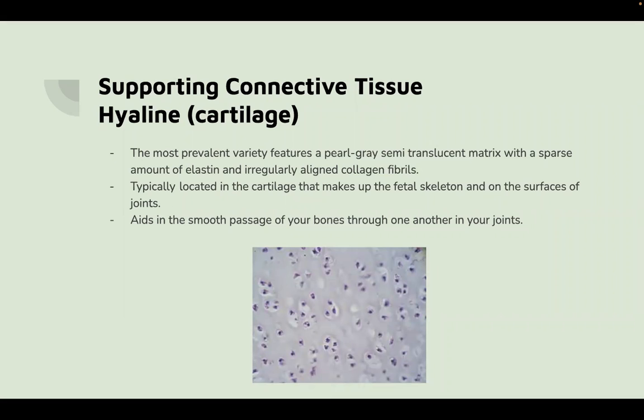And it has a poor blood supply, causing injuries to heal slowly and sometimes not at all. Hyaline cartilage is the most common type of cartilage, and it caps the bones of spine joints and is found in the nose and in the respiratory passage.